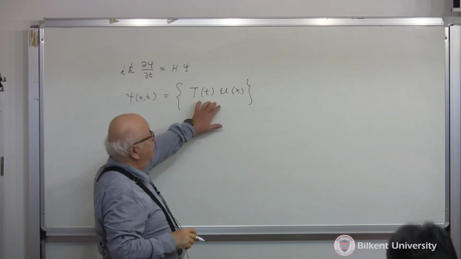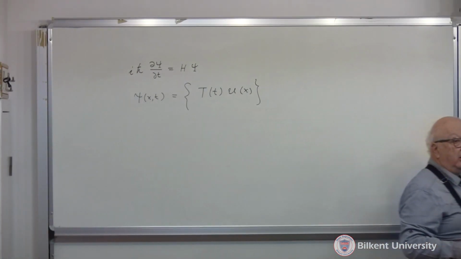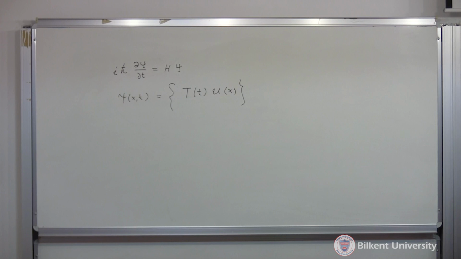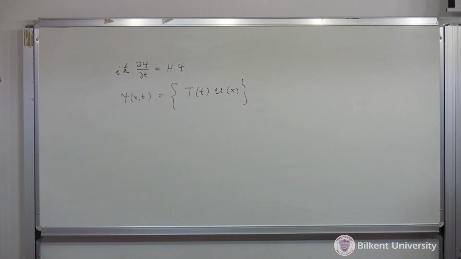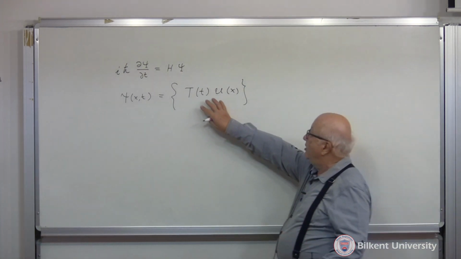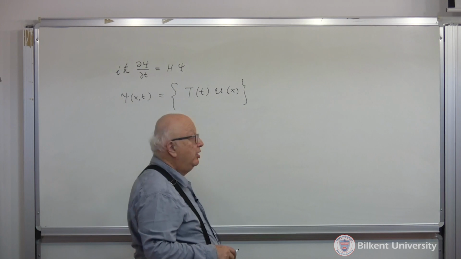Okay, so we can find more than one type of solution in general. And since the equation is a linear one, any linear combination of solutions like this is going to give me solutions to the Schrödinger equation.